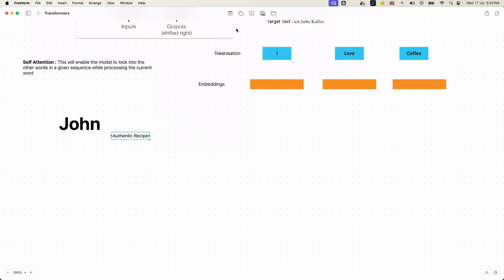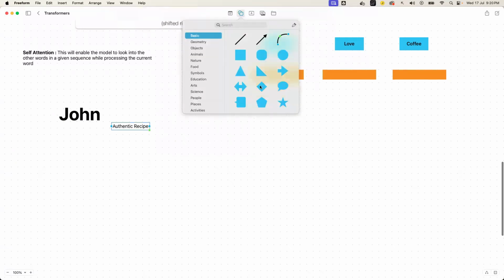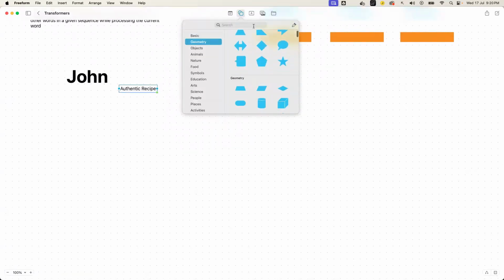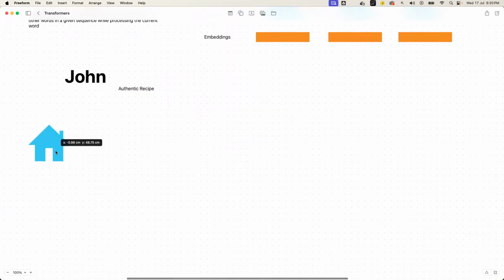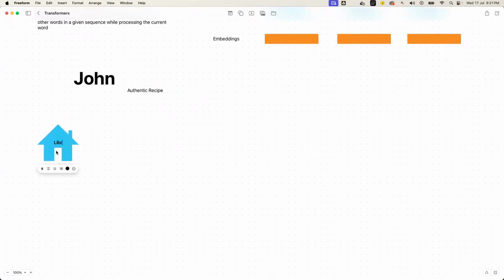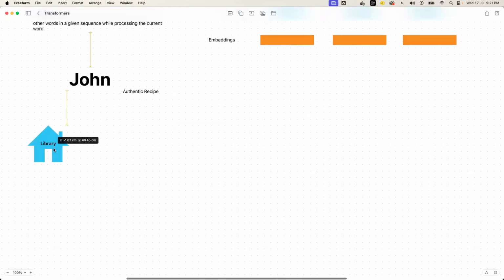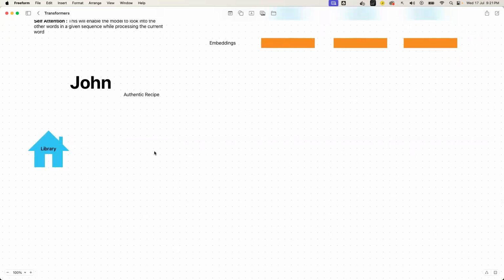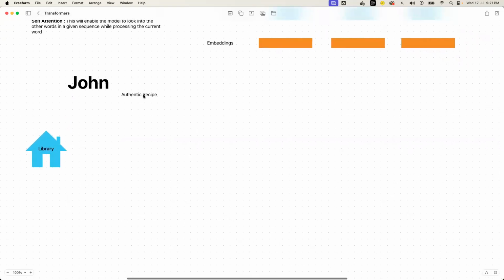Now he will go to that library. Just for the illustration, let's consider that this is the library. It's a very big library. He'll go to this library and start searching for the book.